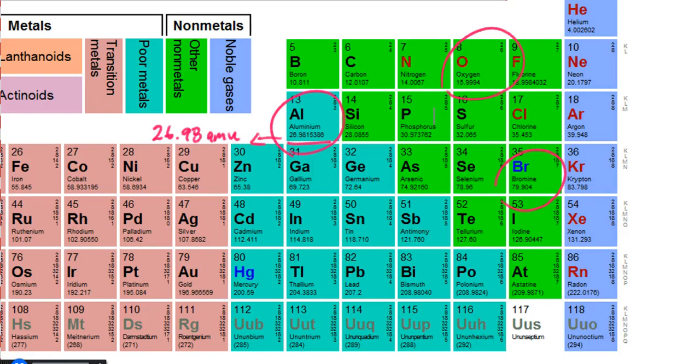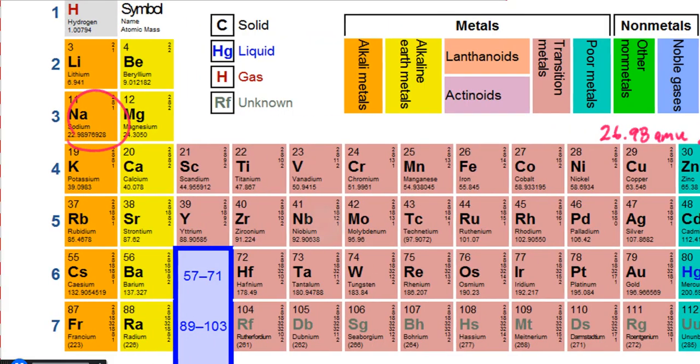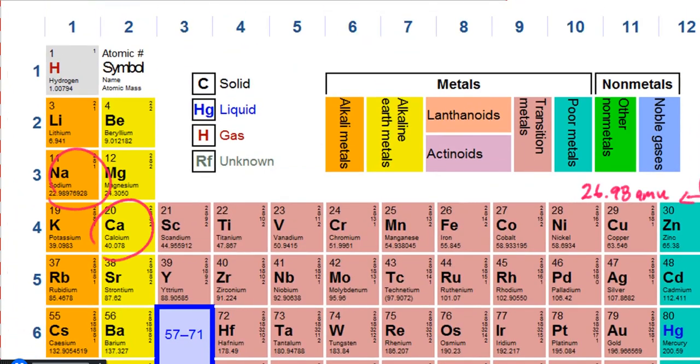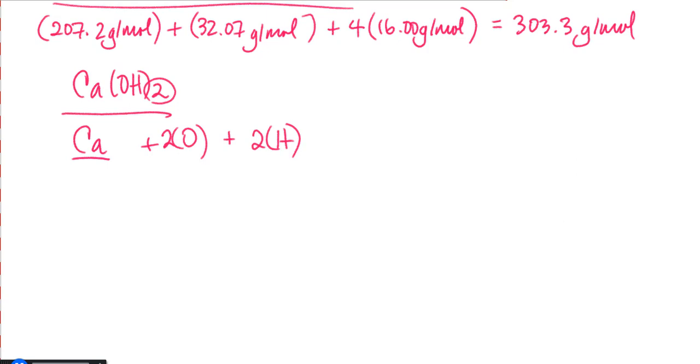So, looking at the periodic table, calcium's molar mass is about 40.08. As we said earlier, oxygen's is 16.00 grams per mole, and hydrogen's is 1.008 grams per mole.